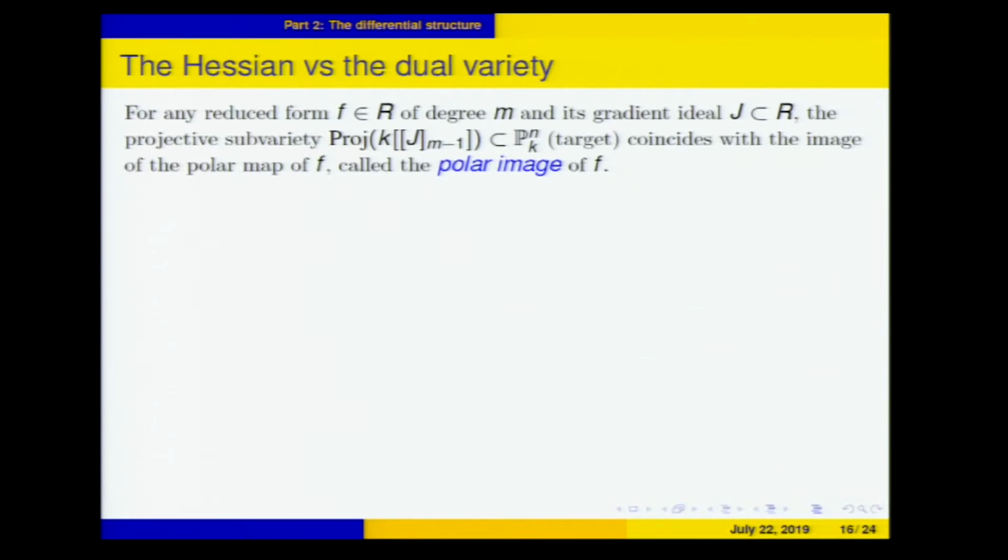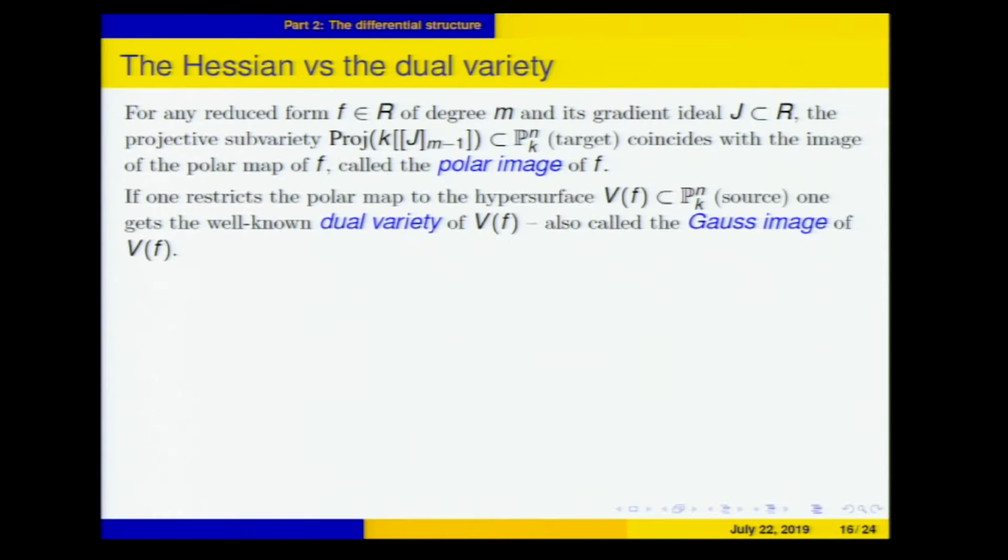So let me say very quickly about the dual variety. Let me go on a little bit. So the dual variety is like the polar image, only that you restrict to V(f).